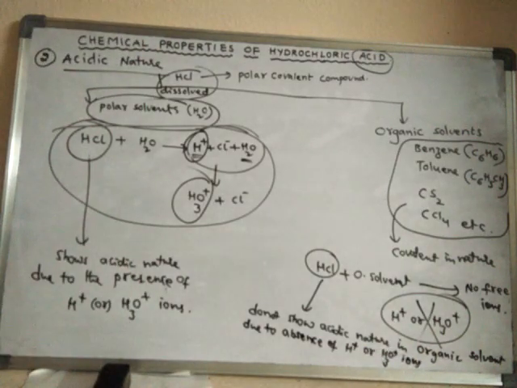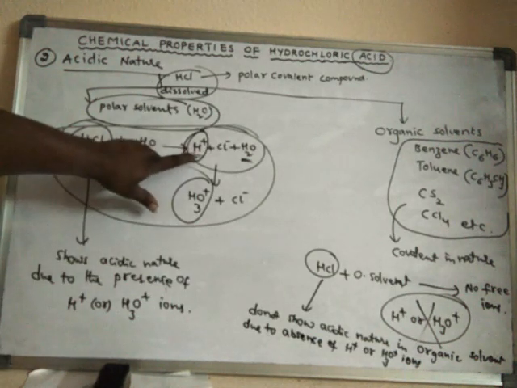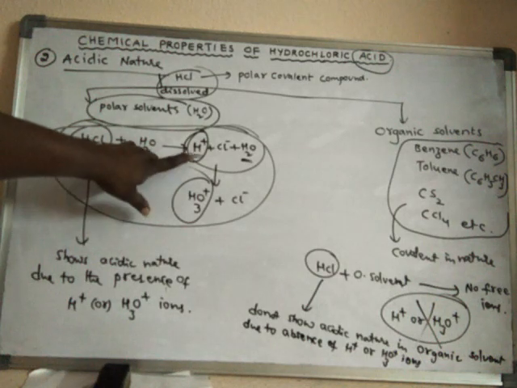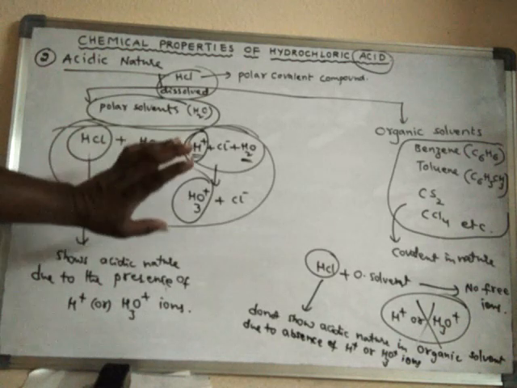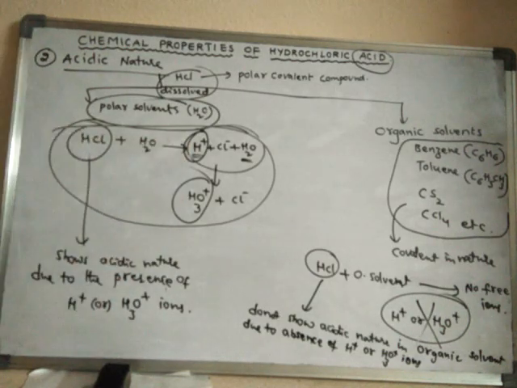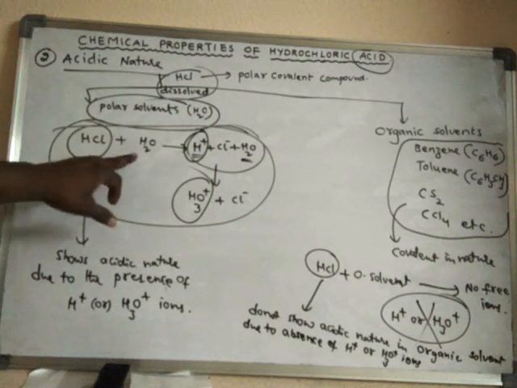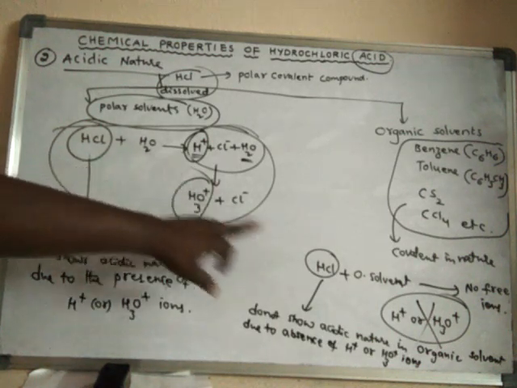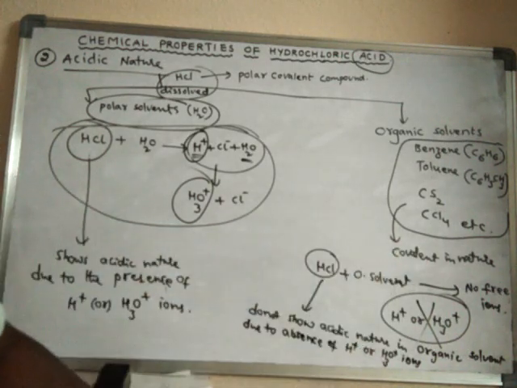So this is how we can discuss acidic nature. The acidic nature of any acid is due to the presence of either H plus ions or H3O plus ions. If a substance can form H plus ions or H3O plus ions, then that substance is said to be acidic in nature. So HCl can behave as an acid in the presence of water, but the same HCl cannot behave as an acid in the presence of organic solvent.